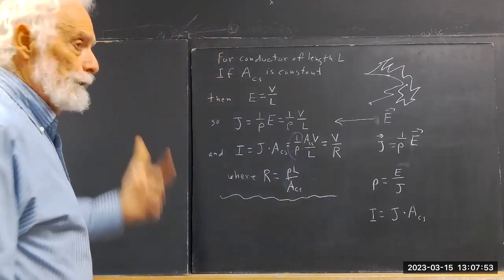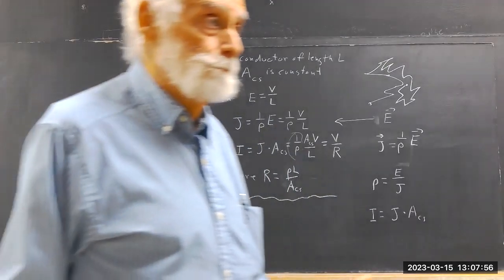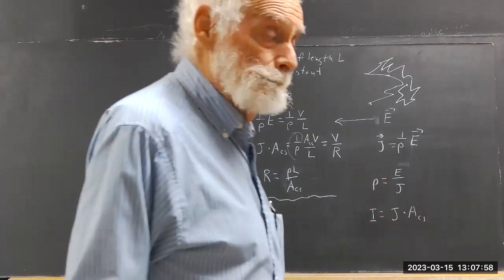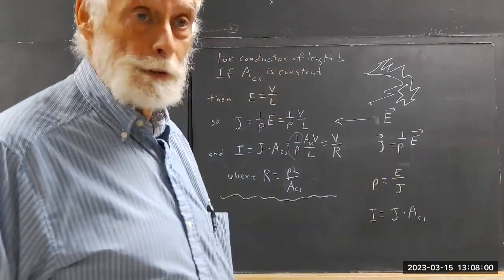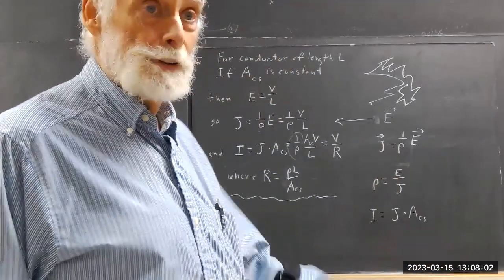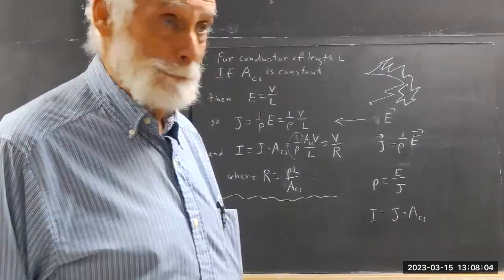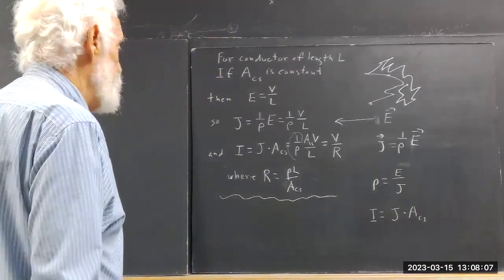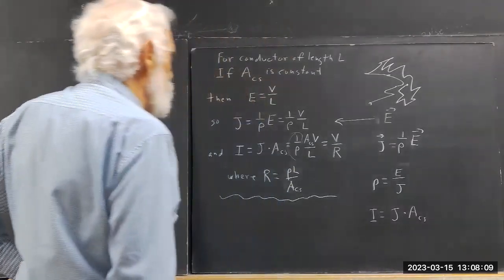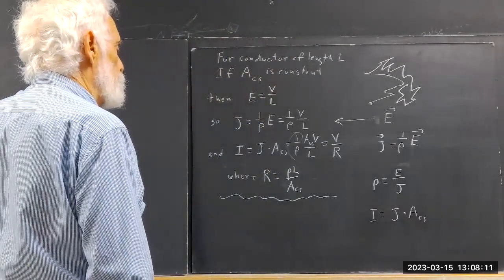So rho is a number you can look up. Take your phone, your computer, look up a table of resistivities. Okay, but let's just calculate a resistivity.